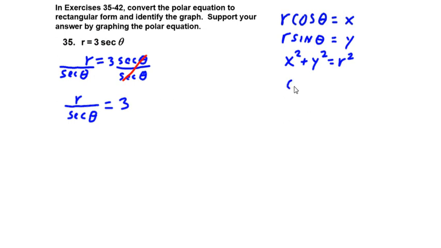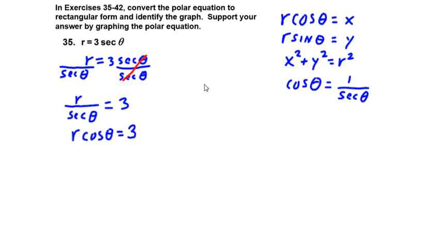Well, the cosine of theta is equal to 1 over secant theta. So therefore, we can rewrite this r over secant theta as r cosine theta is equal to 3.